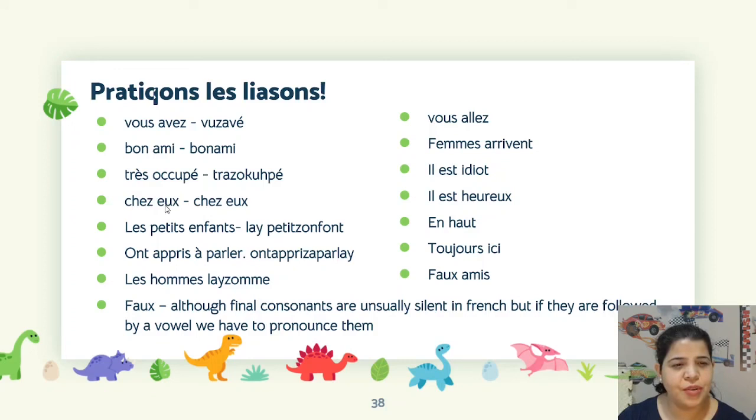Chez eux. Z remains as Z and all other letters remain as they were. Les petits enfants. Because S is not followed by a vowel, we are saying les. Otherwise, S would have been pronounced if we had a vowel here. Les petits enfants.